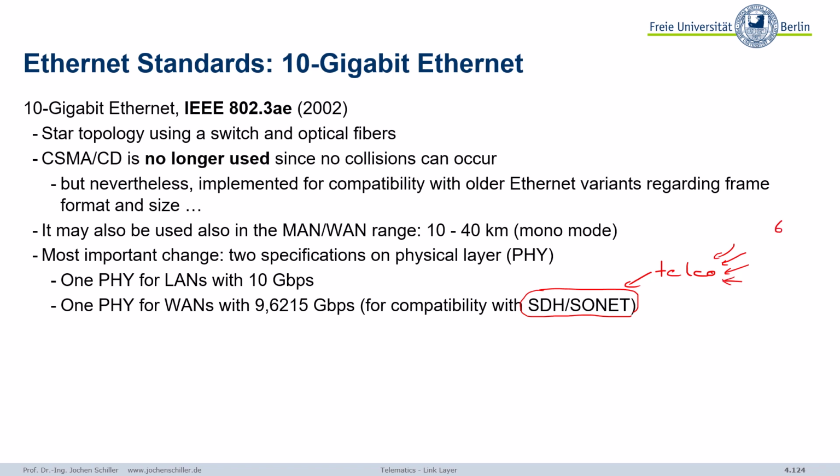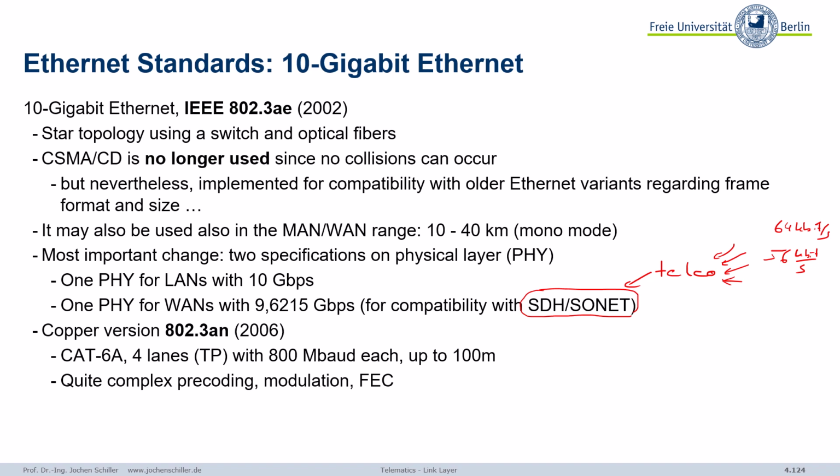You remember we had those many 64 kbit per second, or in the US 56 kbit per second, voice streams, multiplexing them with a very strict time division multiplexing, round robin. We multiplex and we have several hierarchies of multiplexing, and this is where we end up with this 9.6215 gigabit per second.